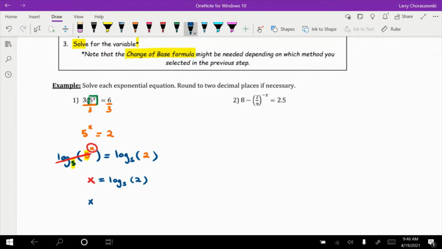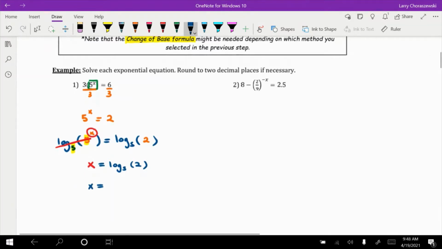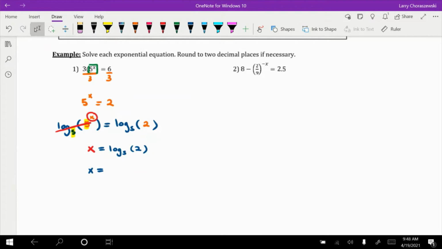Now, I'm going to rewrite this using the change of base formula. And I believe my math lab likes to use the common log version. So you might see this not as log base 5 of 2, but rather log of 2 divided by log of 5.